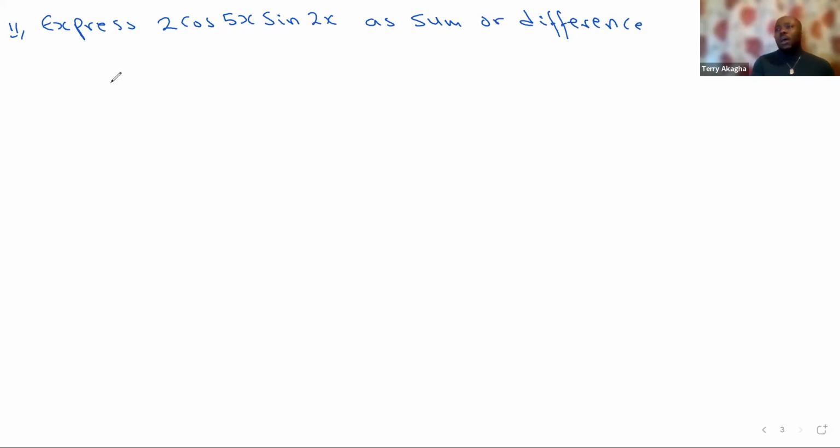But you know, the formula that will be very close to this is going to be 2 sine A cos B, because 2 sine A cos B is equal to sine (A + B) plus sine (A - B).